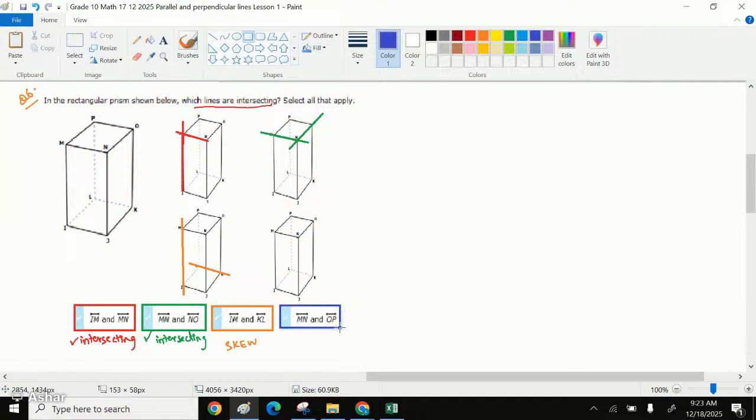MN and I think QP, OP. So this is MN, sorry, OP and PQ. This is PQ. So what we can say is these are not intersecting, these are parallel lines.